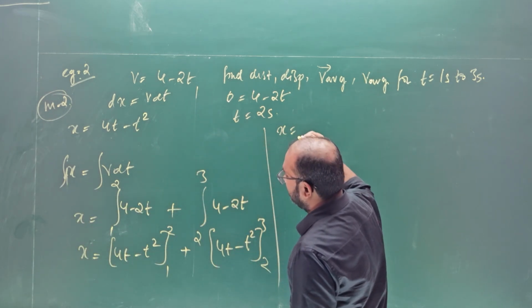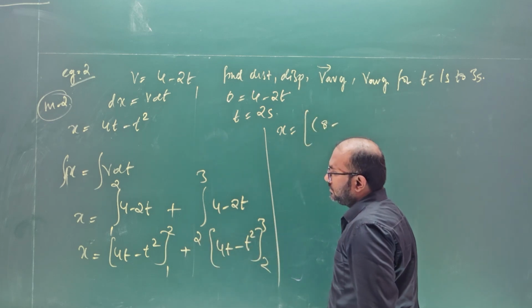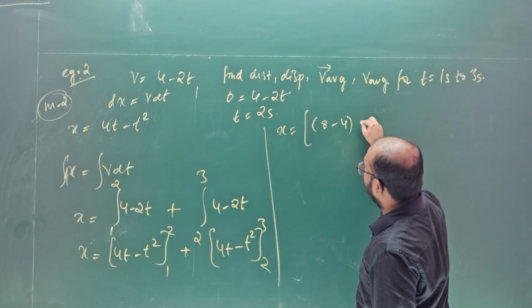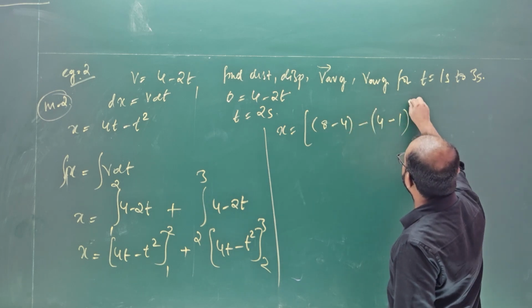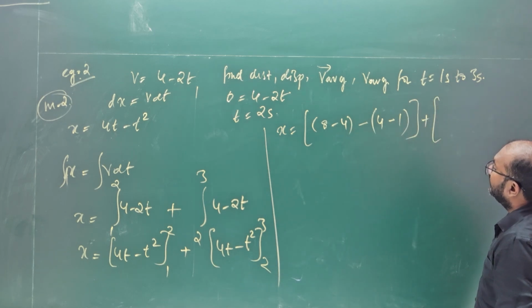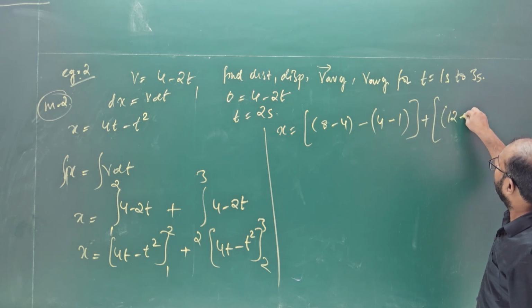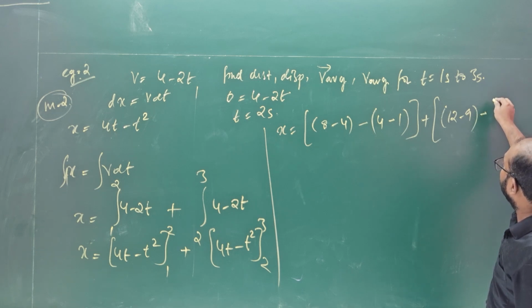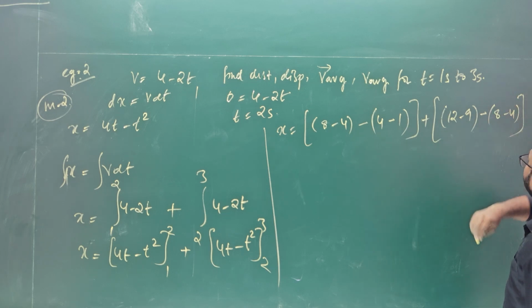Applying the limits, 4 into 2, 8 minus 2 square, 4, lower limit 4 minus 1, plus the second one: apply the upper limit 3, 4 threes are 12 minus t square, that is 9. Then lower limit, 4 twos are 8, 8 minus 2 square, 4.